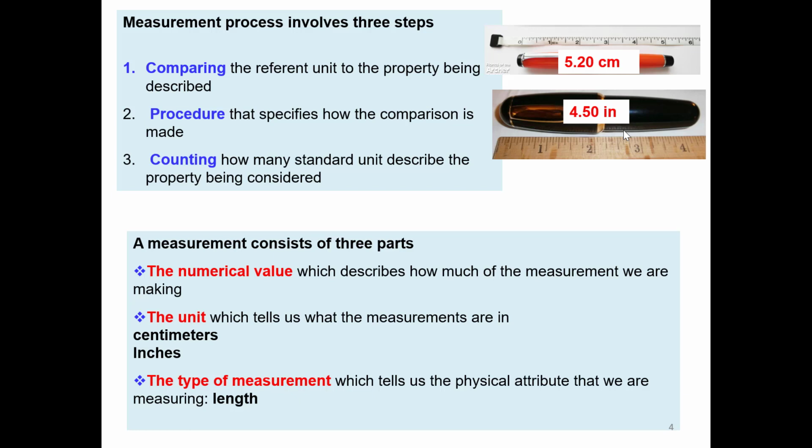The unit is important because by the unit we know the type of measurement. We need to know what property we are reporting. For example, if we have 5.20 centimeters, we know this property corresponds to length. Why? Because centimeters are units of length.